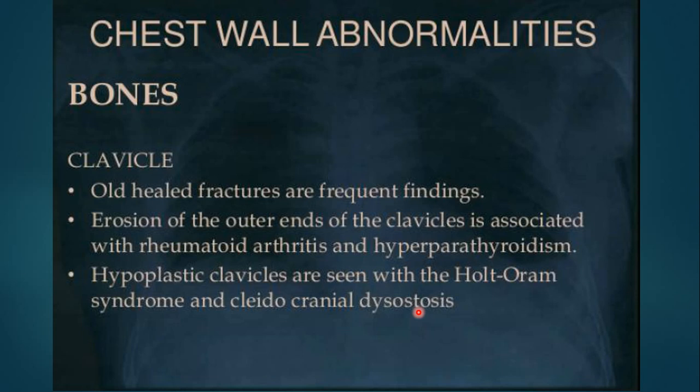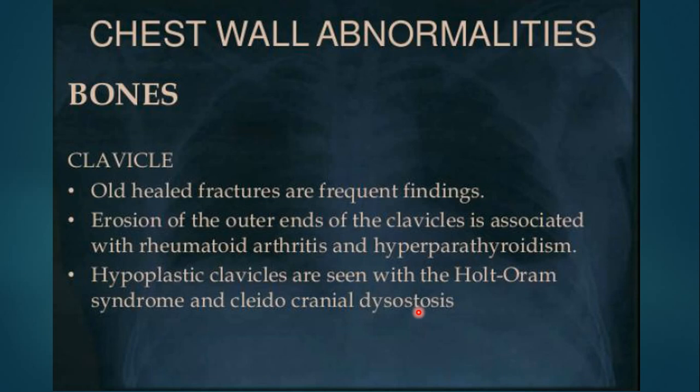Erosions of the clavicle have a long differential diagnosis depending on the location of the erosions. Erosions of the outer end of the clavicle can be associated with rheumatoid arthritis, keep that in mind, and hyperparathyroidism.